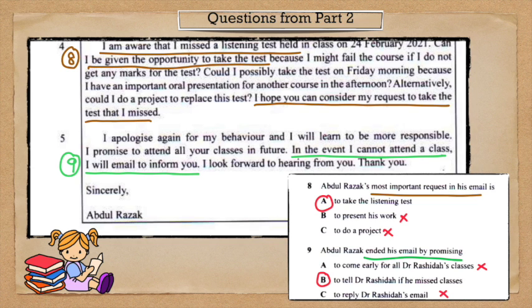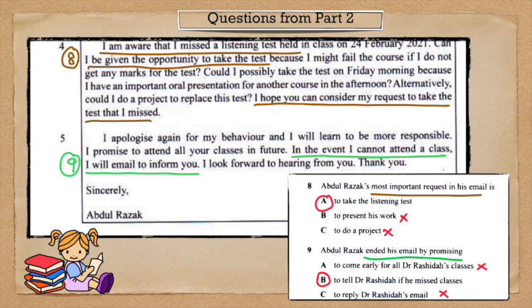Options B and C definitely should be eliminated because it's not mentioned there that he wanted to present his work or to do a project. The most important request in his email is actually to take the listening test.